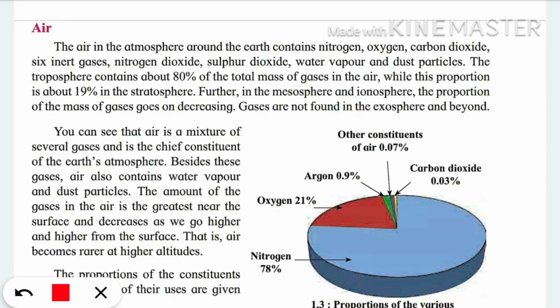You can see that air is a mixture of several gases and is the chief constituent of the Earth's atmosphere. Besides this, air also contains water vapor and dust particles. The amount of gases in the air is the greatest near the surface and decreases as we go higher and higher from the surface. That is, air becomes rarer at higher altitudes.